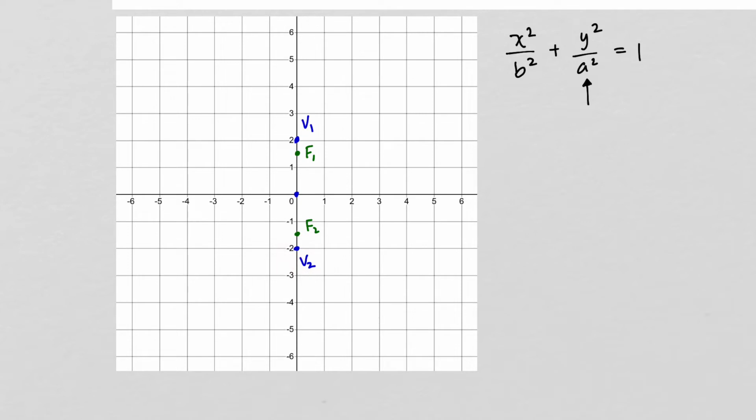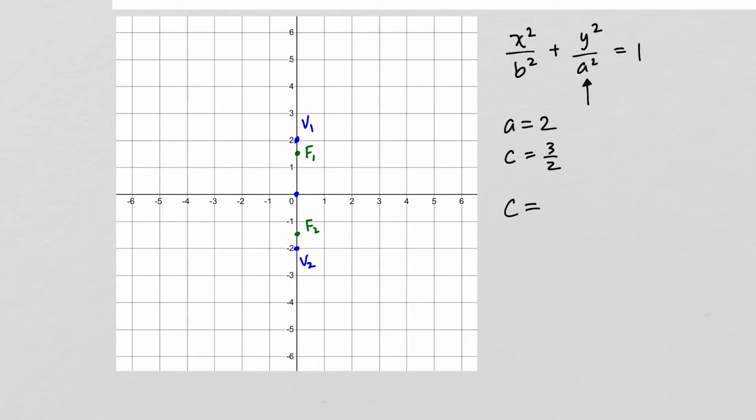It's vertical. We also know from this picture that a is equal to 2 because a is the distance from your center to your vertex. That distance is 2 units. And we also know that c is equal to 3/2 because c is the distance from the center to the focus. So we just need to find the value for b.